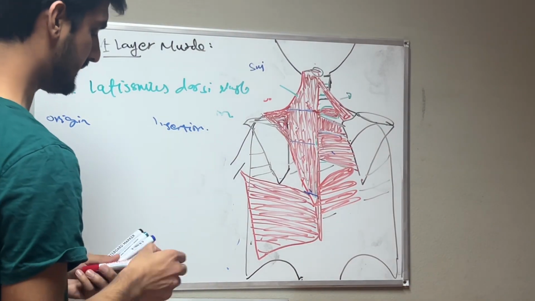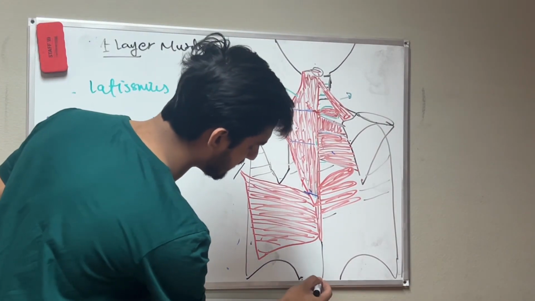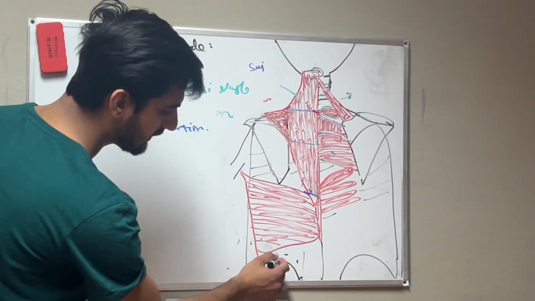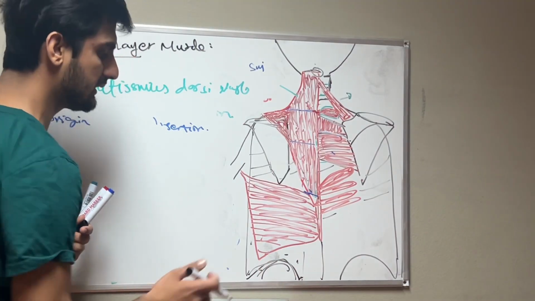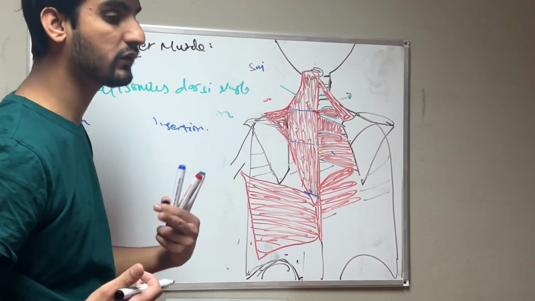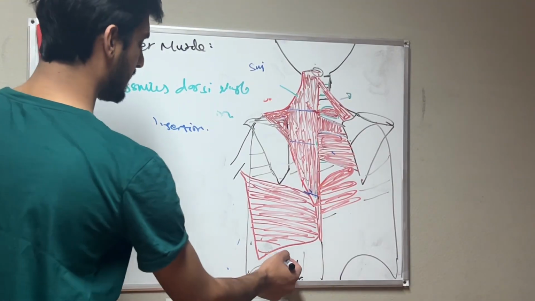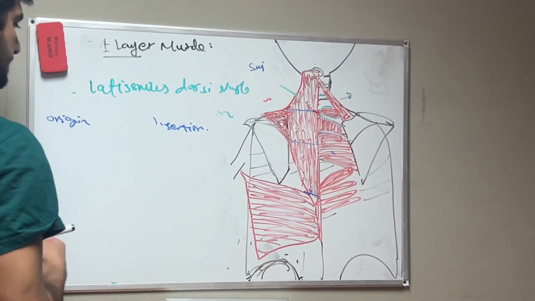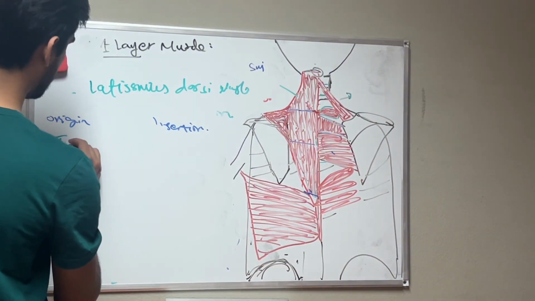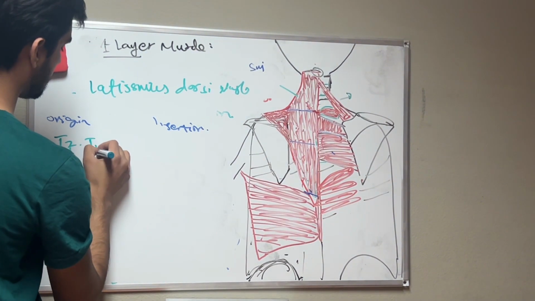Here also remember, this is the thoracolumbar fascia. The white part is the thoracolumbar fascia, and this is the hip bone, the ilium bone part. Origin from T7 till T12.